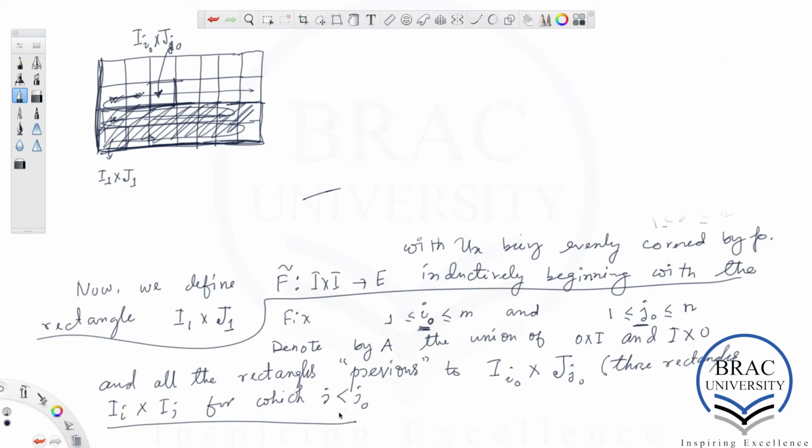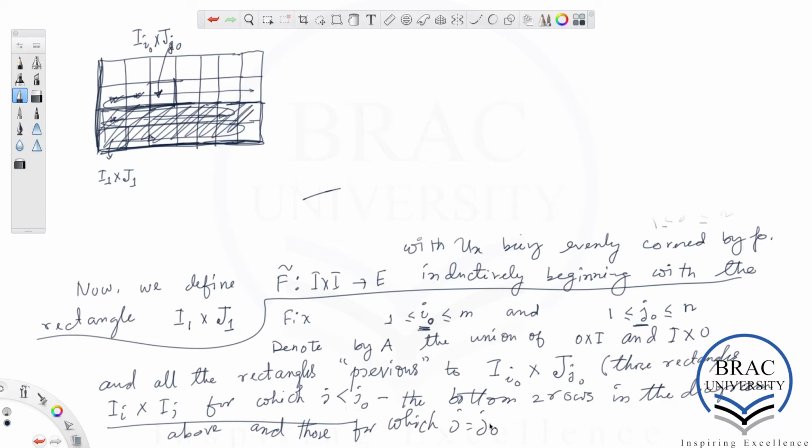This is what I have written in the notes: the bottom two rows in the diagram above and those for which j is equal to j sub 0.